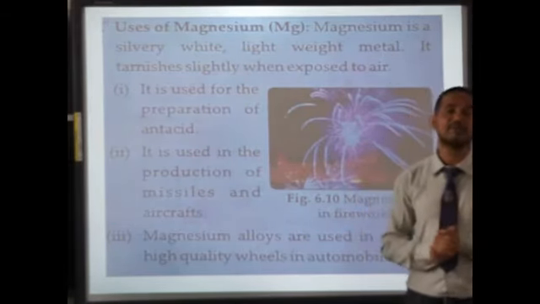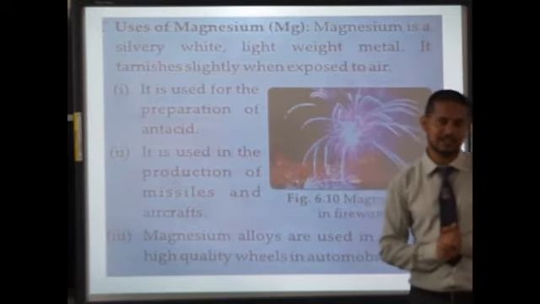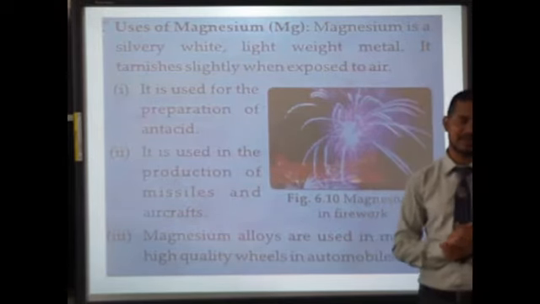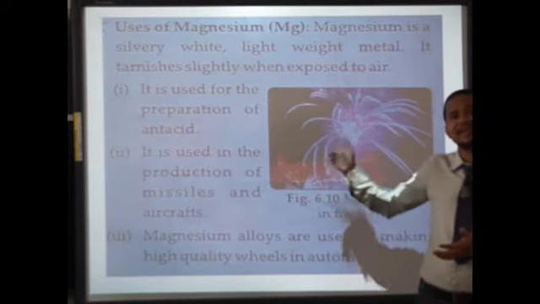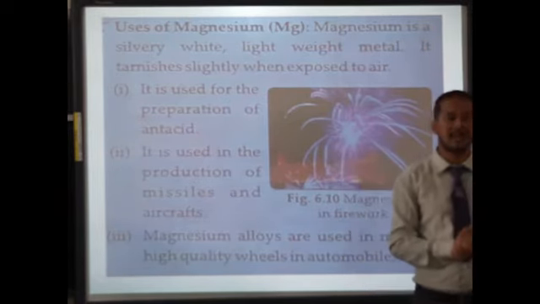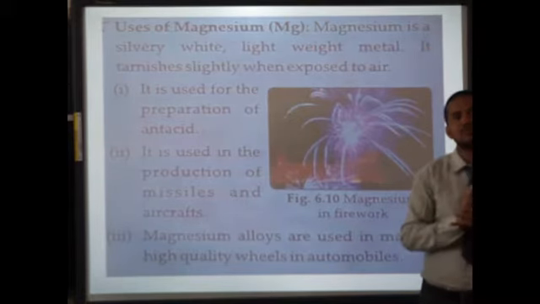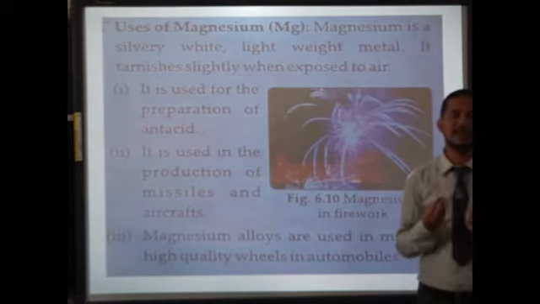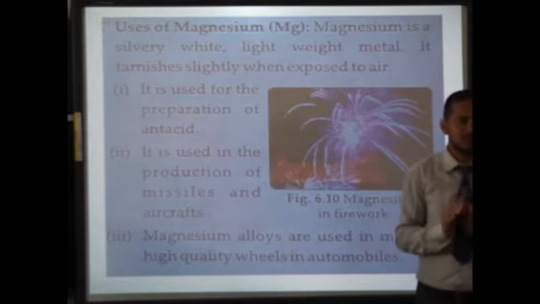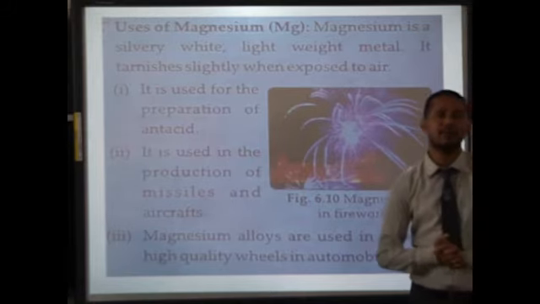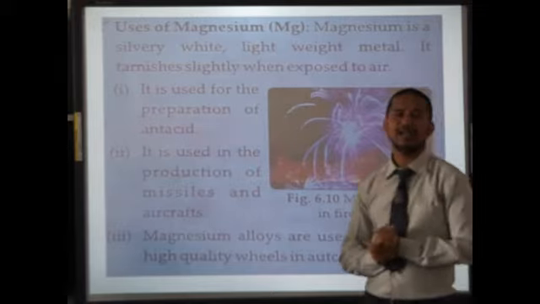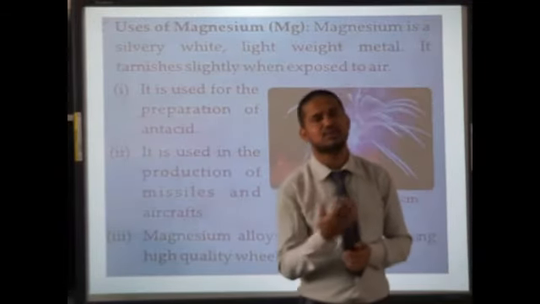Whenever you are suffering from acidity or indigestion, you can take magnesium oxide so that it reacts with that acid and neutralizes it, and you get relief from the pain.